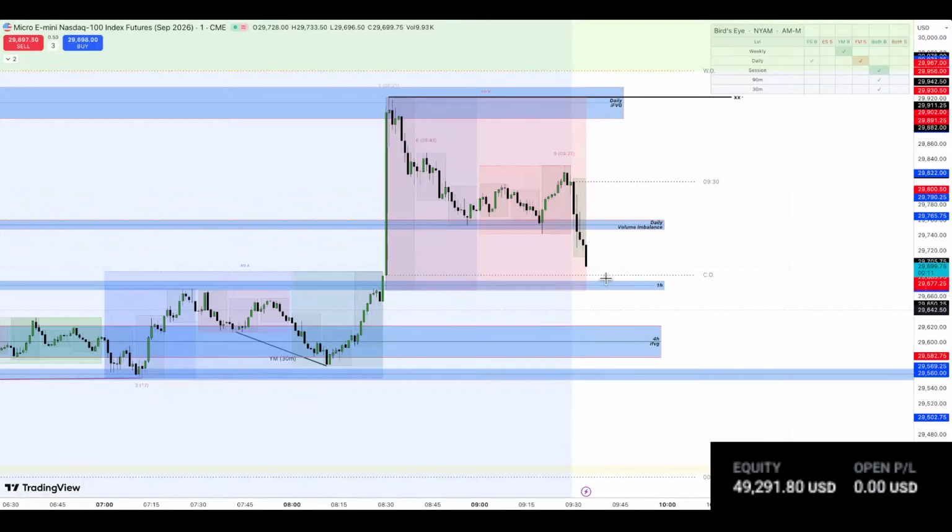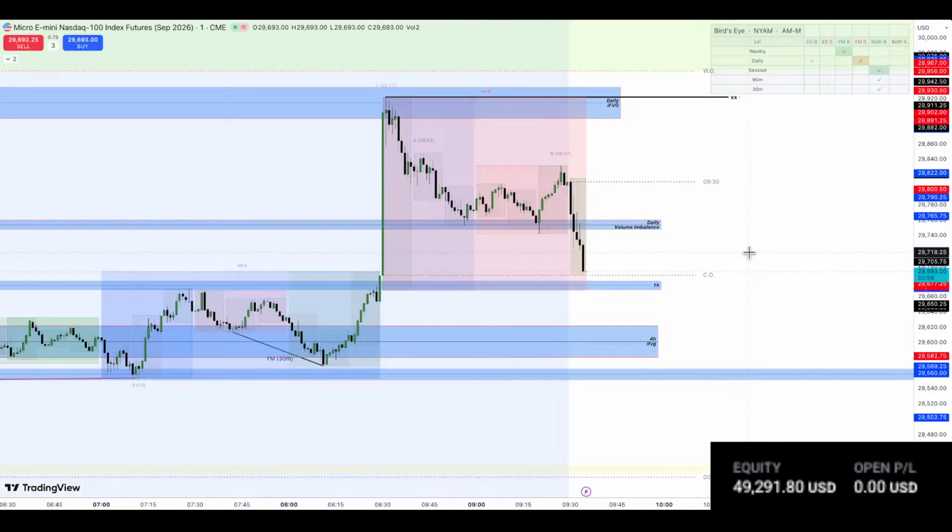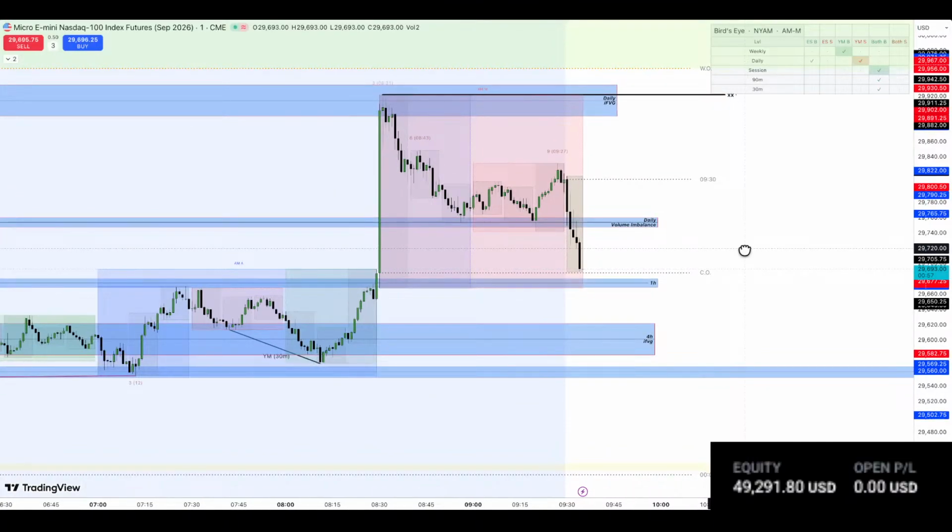So I want to see an SMT right here, a divergence. Usually, most of the time, we wait.